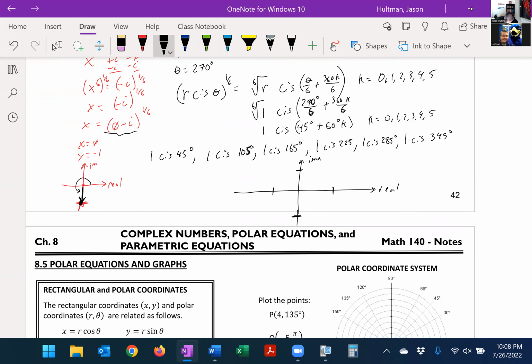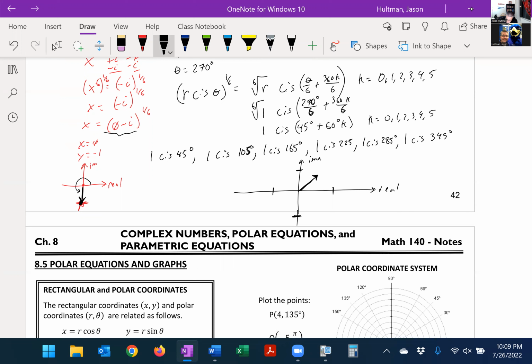The radius will always be 1, and we just have to figure out what the angle is going to be. For the first one, it's an angle of 45 degrees. I know where that is. That's right here. But where is 105 located? 105 is 15 degrees from 90. If I add 90 and 15, I get 105.